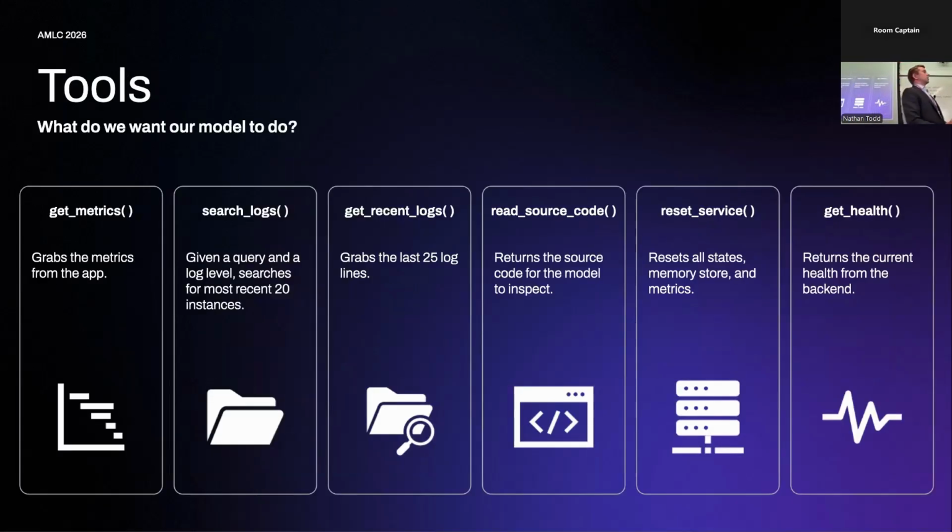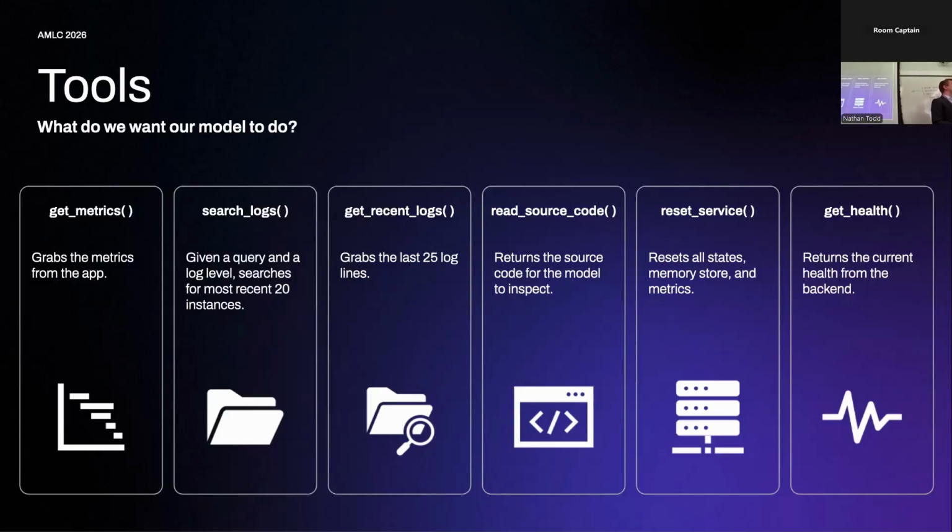So let's talk about the tools. The tools we're going to be looking at today are, number one, getting the metrics. And I think there's something really important about this specific tool. Getting the metrics from the backend is a way for the agent to see the current status of the runtime of our application.